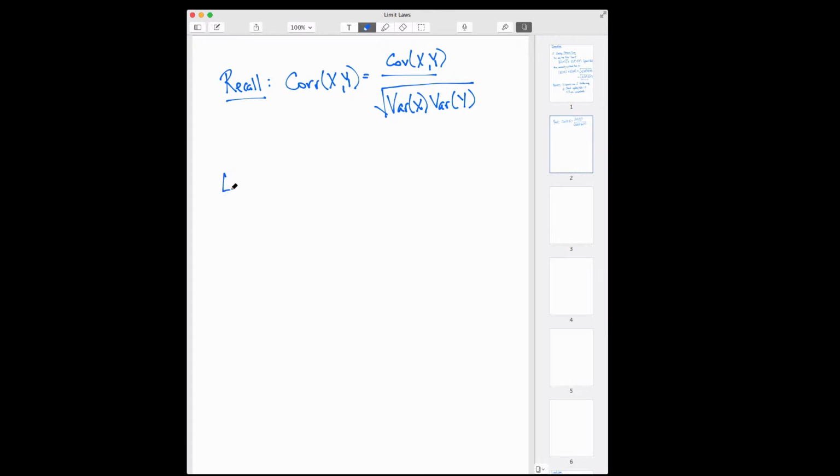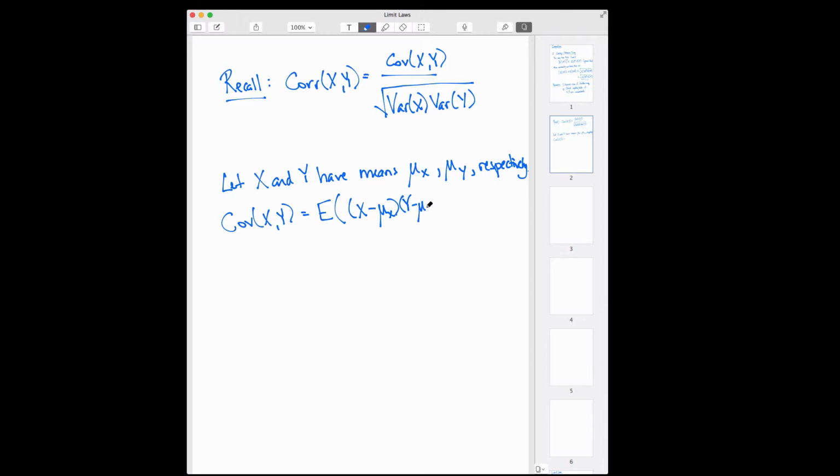So what we're going to do is, if we let x and y have means or expected values, mu x, mu y, respectively, then we have our notation set up, and we recall that the covariance of x, y is equal to the expected value of x minus its mean multiplied by y minus its mean.